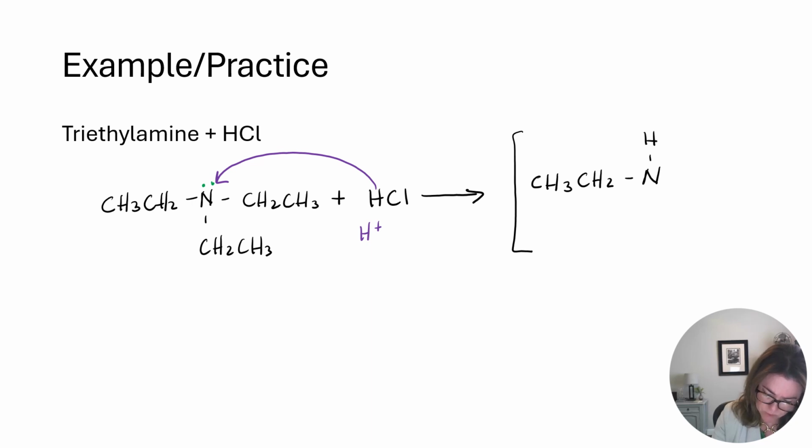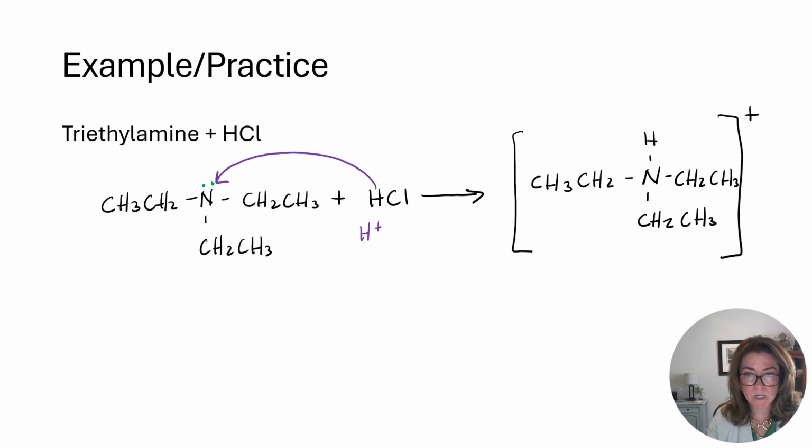So my hydrogen from the acid, oops, and it still has my chloride. So since this accepted a proton, it is plus, and I still have a negative chloride ion.